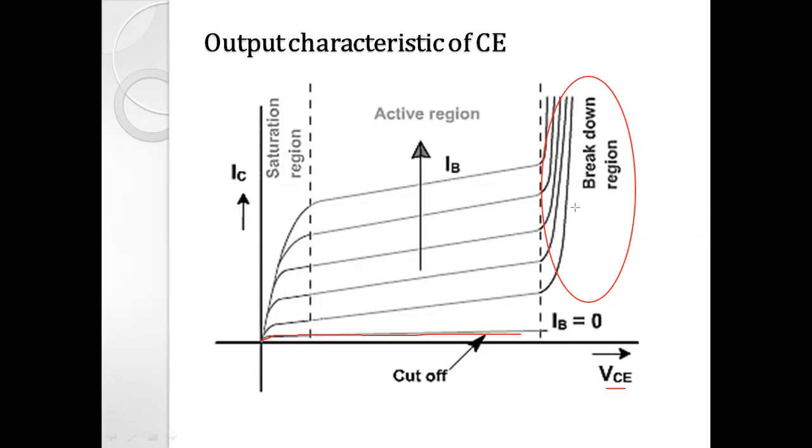So we always keep in mind that there has to be a limit on VCE to avoid this breakdown region in the output characteristic of common emitter, right?